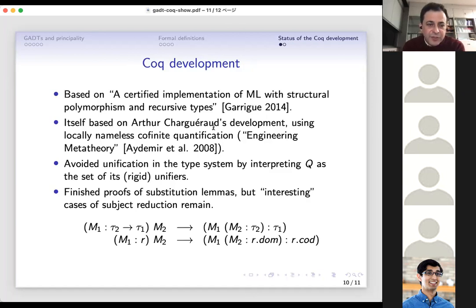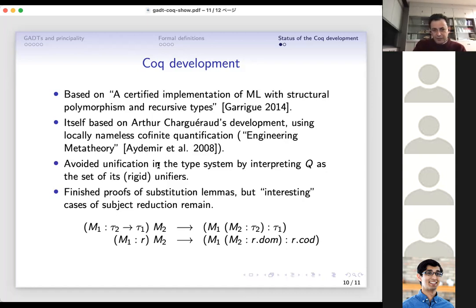Then about our Coq development. It was based, as I said, on previous work, a certified implementation of ML with structural polymorphism and recursive types. Itself, it was based on Arthur Charguéraud's development using locally nameless combined quantification. In our development, we have avoided algorithmic unification in the type system by interpreting Q as the set of its rigid unifiers.